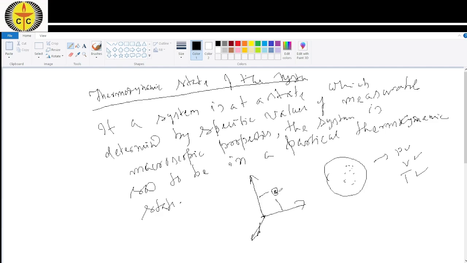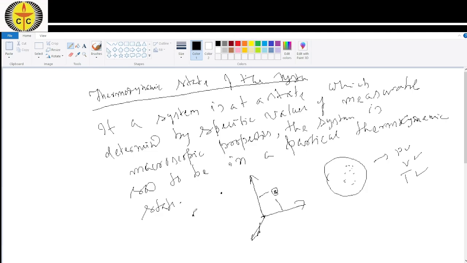When any one, or combinedly all, of the minimum macroscopic properties change, then the state of the thermodynamic system changes. Suppose the system is at this state point, and the macroscopic properties are varied, so the system moves to this other state point.